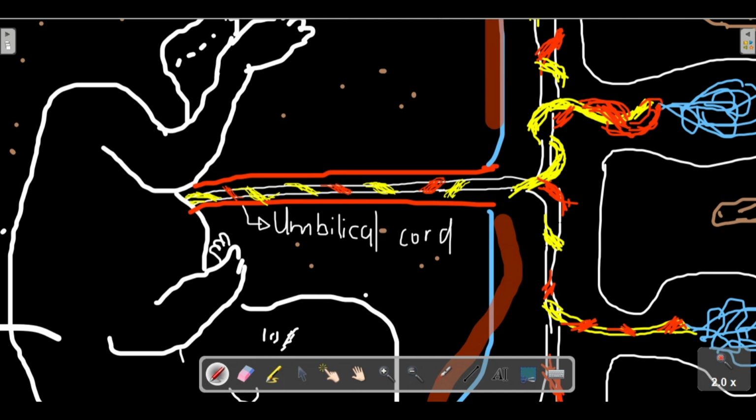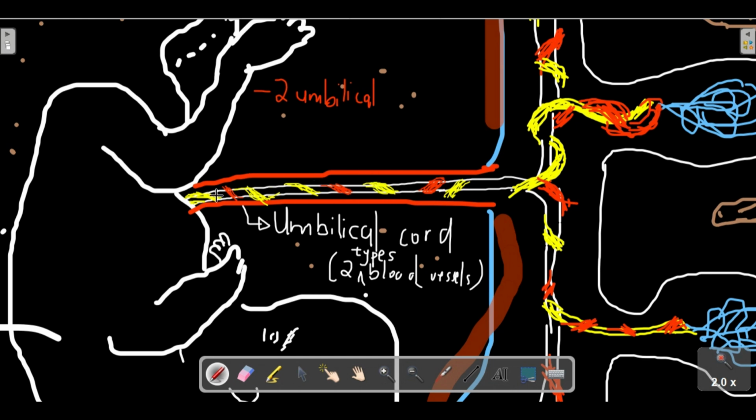The umbilical cord has two types of blood vessels inside it. So it has, first of all, two umbilical arteries. Now, these arteries are colored in red and yellow, as you can see here.